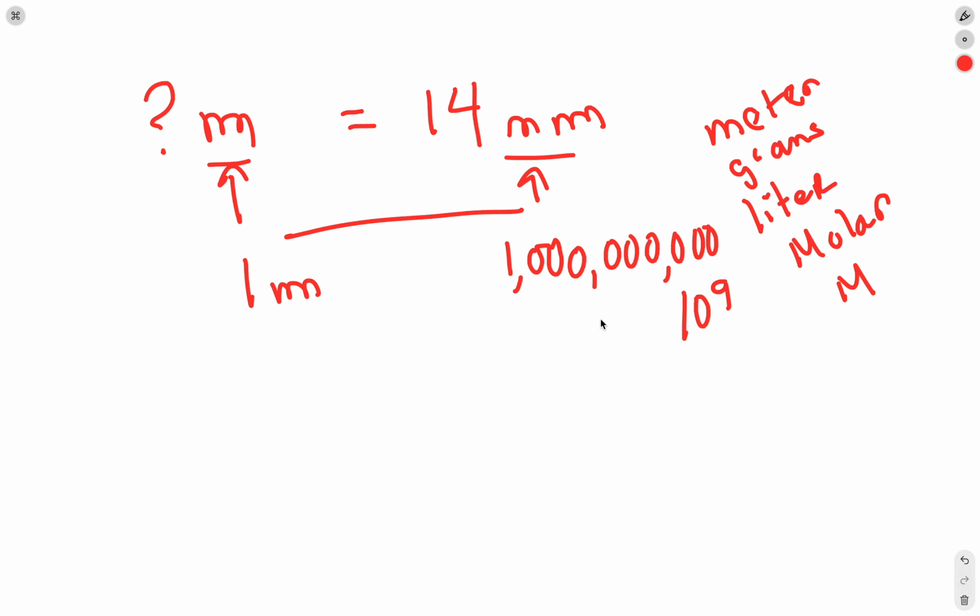So 10 to the 9th, 1 times 10 to the 9, a billion. So a nanometer is a really small number. In 1 meter, there are 10 to the 9th nanometers, or nanomolar, or nanoliters, and so forth, okay? So that's the one thing that we have to be given or be able to get.